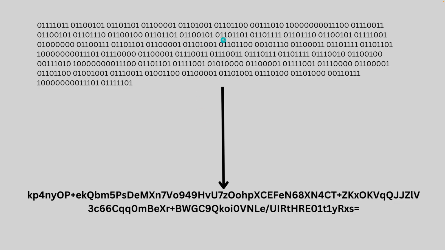But once I get it and convert it back to its string form, this is what I see. This is going to make no sense to me, and there's no way that I can convert it to its decrypted form because I don't have access to that key. I can only do that if I had access to the encryption key.